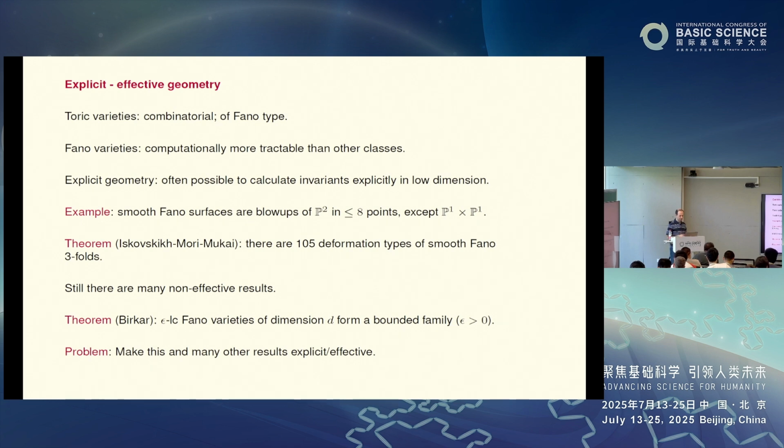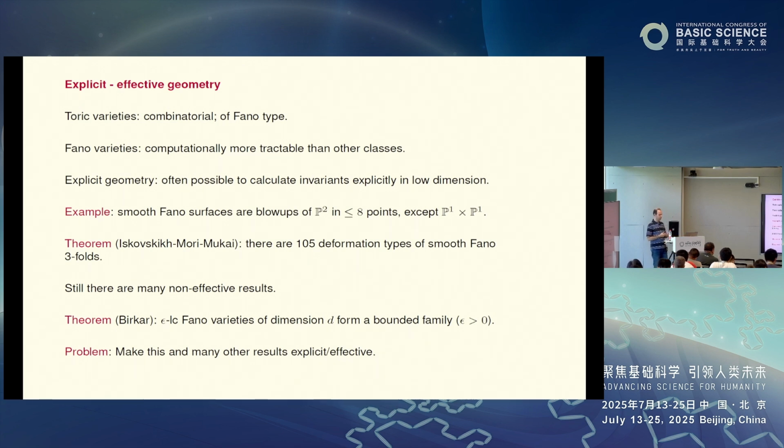So just as an example, if you look at all the Fano varieties of a fixed dimension and with one type of singularity, then we know that they form a bounded family. But we have no idea how large this family is. It is still very non-effective. Even in dimension 3, we don't know.